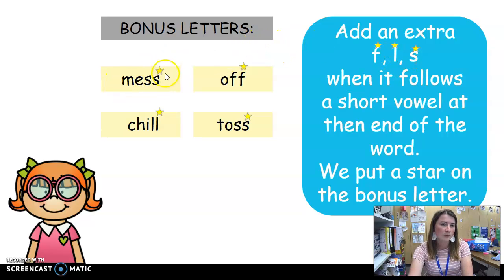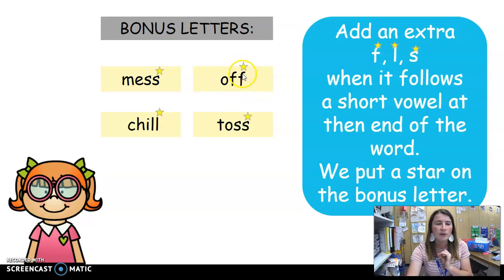Let's look at this first word. Let's tap it out. Get your tappers ready. Here we go. Mess. Oh, look, we have an S at the end, so we put an extra letter. We put a bonus letter, and then we marked it with a star. All right, let's do the next one. Oh, look, we have the F. It's a bonus letter.